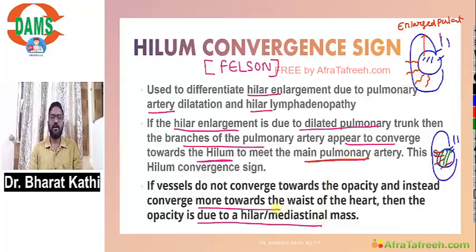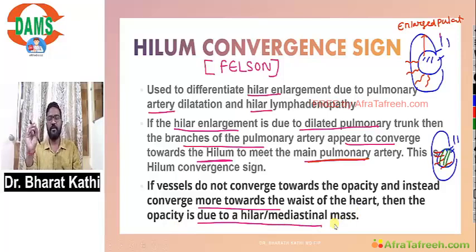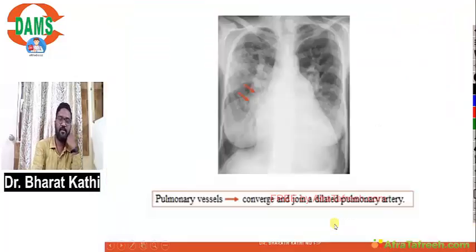Instead, if they converge more into the waist of the heart, then the opacity is due to a hilar or mediastinal mass. So just know this. If vascularity is going into the periphery of the opacity, it is a dilated pulmonary artery, not a hilar or mediastinal mass.